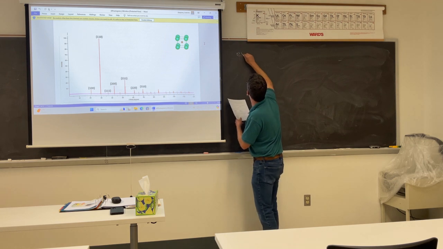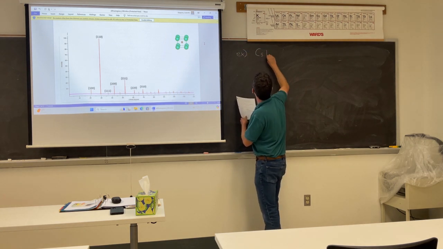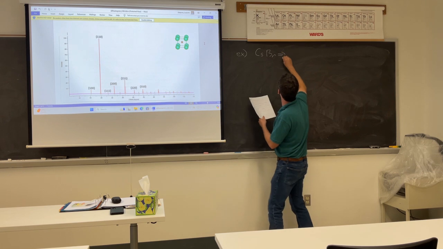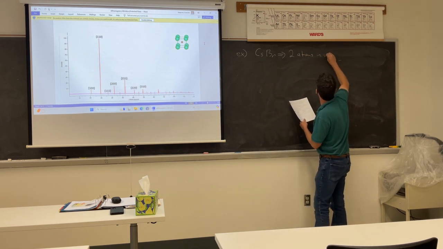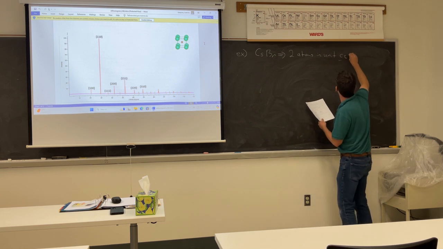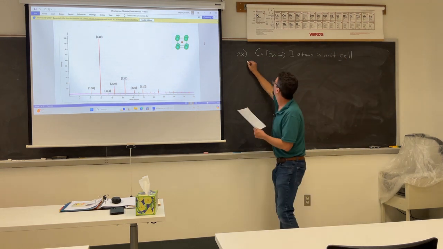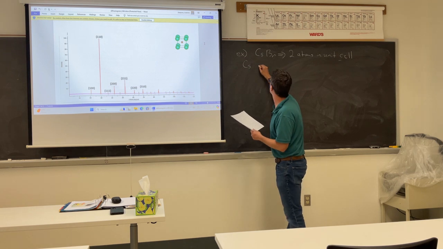So as our example, we have cesium bromide. There are two atoms in the unit cell, one cesium, and we're going to say the cesium is at the origin.